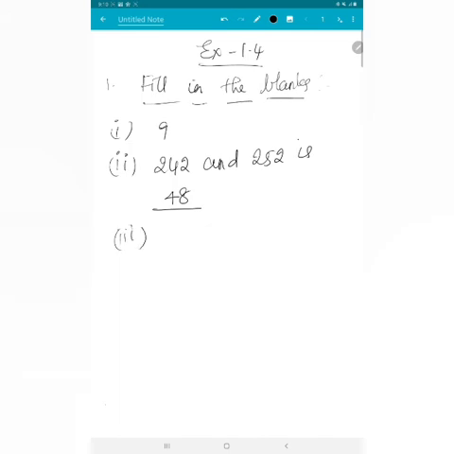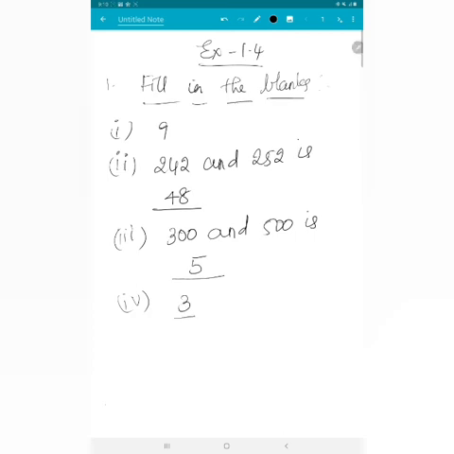The third one: the number of perfect squares between 300 and 500 is 5. The fourth one: if a number has 5 or 6 digits in it, then its square root will have 3 digits.